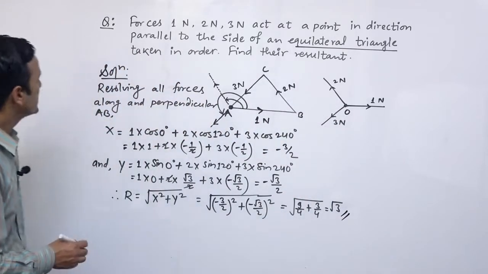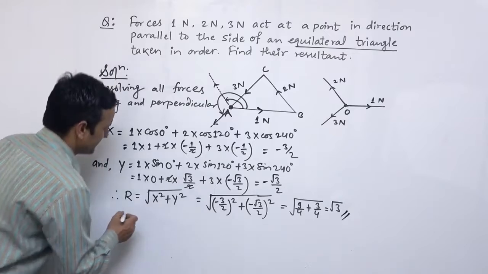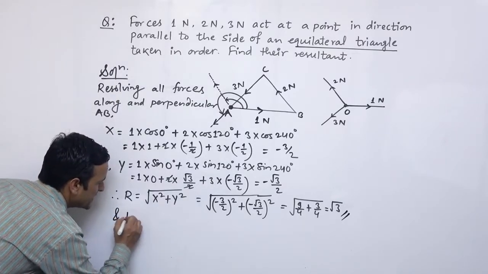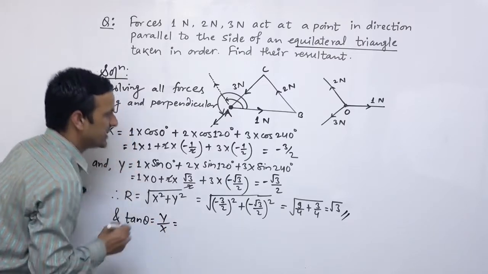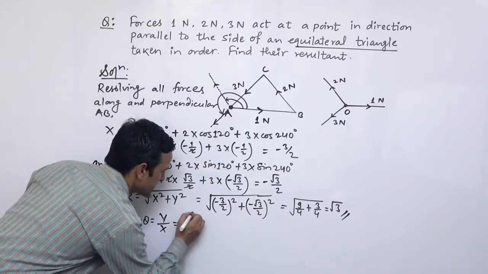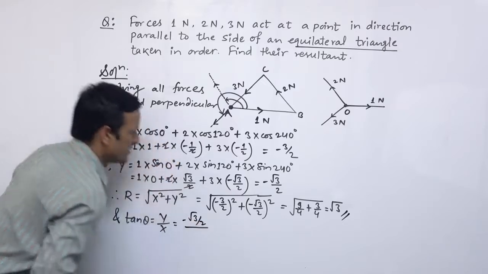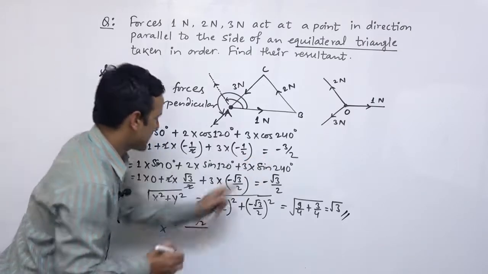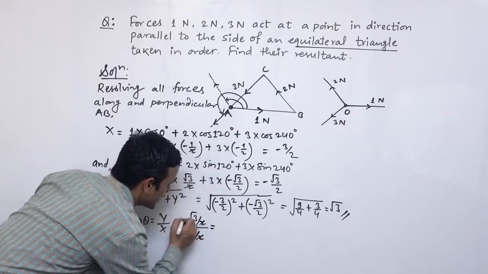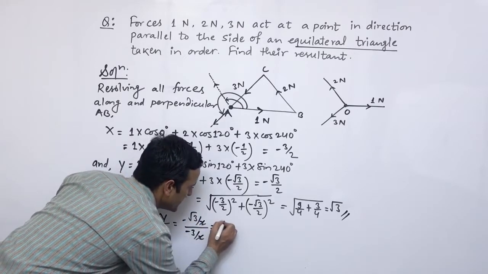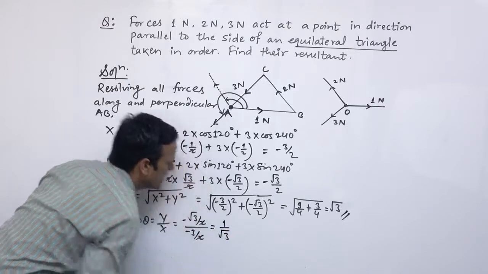This is the resultant. And tan theta is equal to what? Y divided by x. Here y is minus √3/2 and the value of x is minus 3/2. The 2 cancels, and minus minus also cancels. √3/3 means 1/√3.